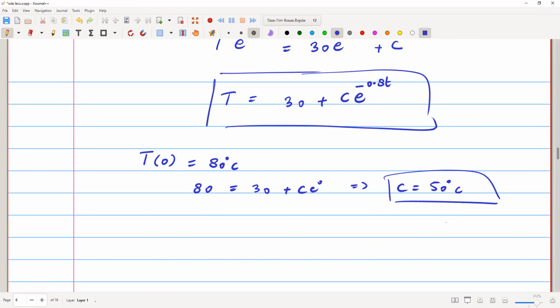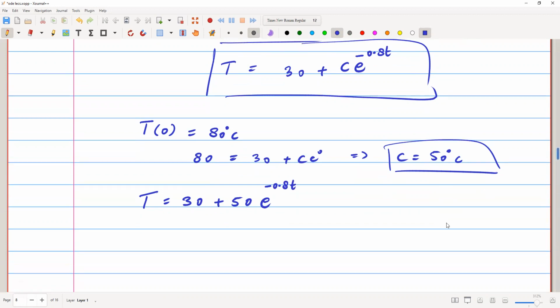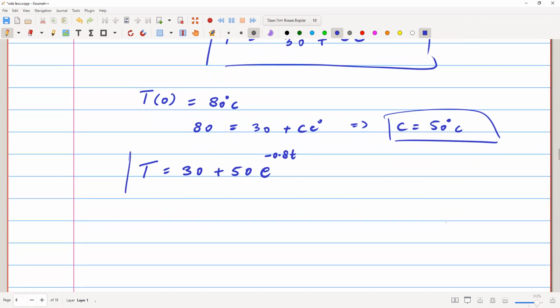All right. So now we can write T equals 30 plus 50 times e to the power negative 0.8t. So we can see that the temperature is always going to decrease, because this exponential power is negative. Let's see what happens if t tends to infinity.